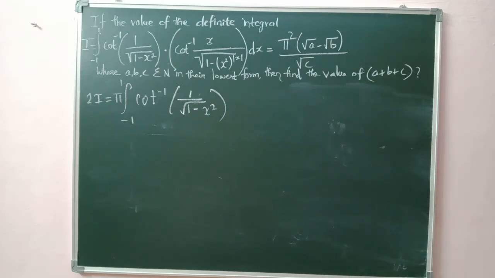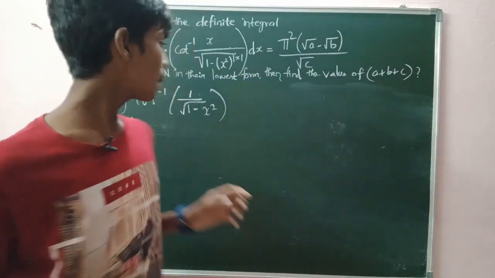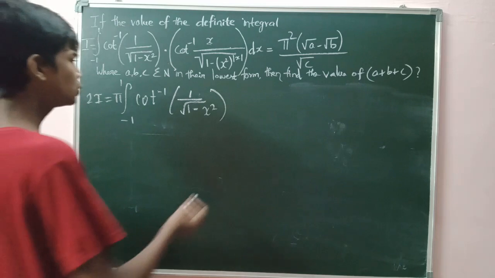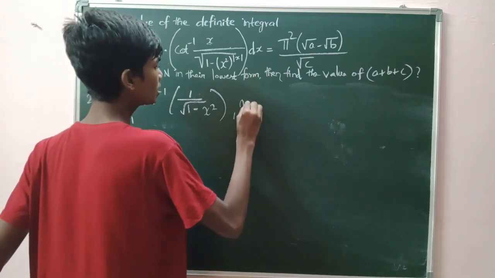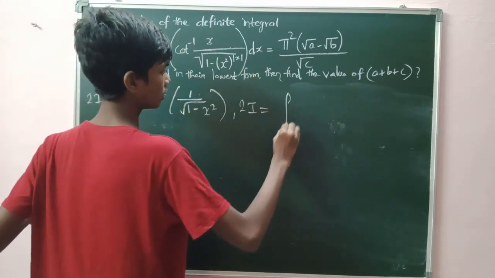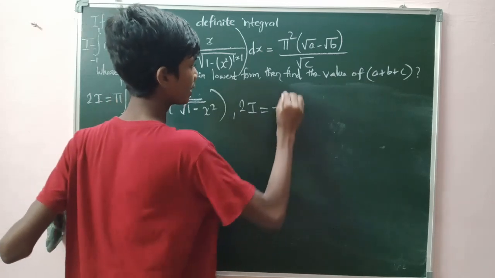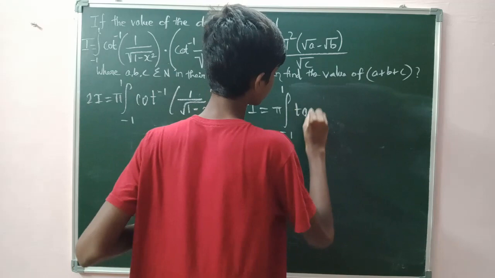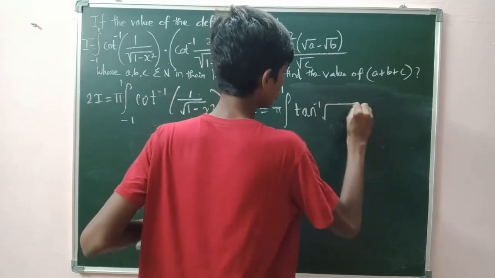So now what the next step I'm going to do over here is, let's just listen to me very carefully. So this 2y is equal to pi times cot inverse of 1 by root of 1 minus x square. So can't I write this 2y as 2y is equal to pi times integral of minus 1 to 1, then tan inverse of root of 1 minus x square.